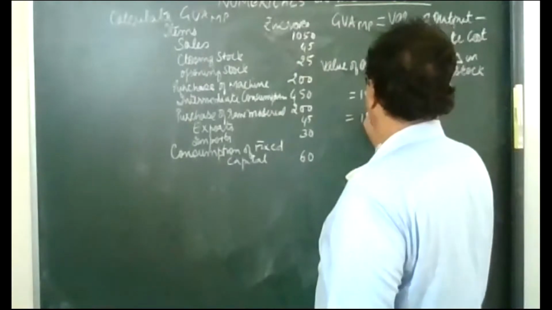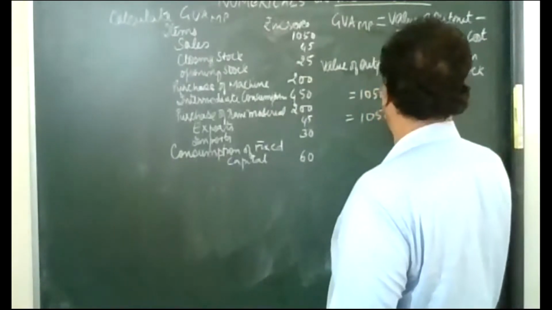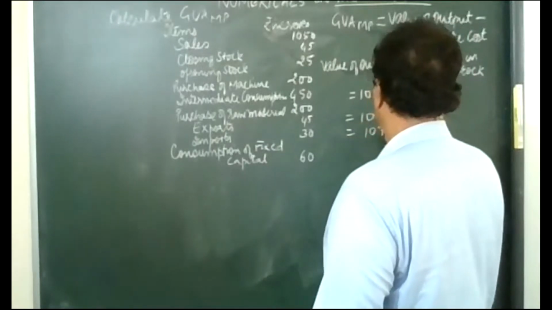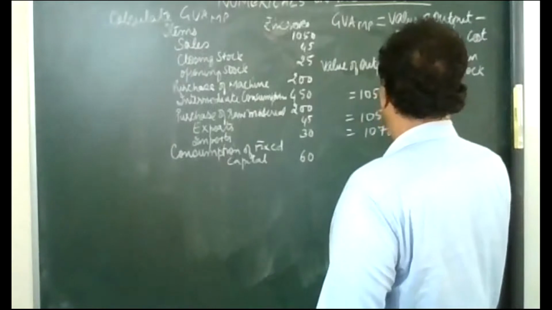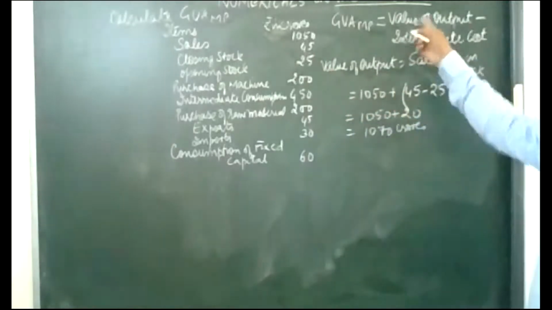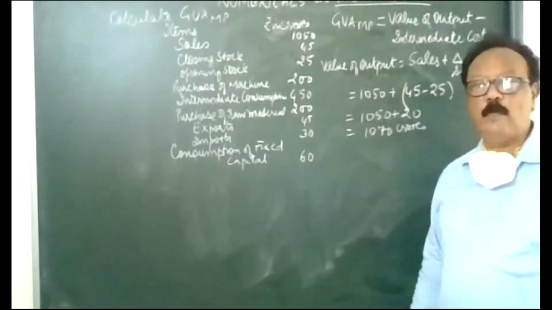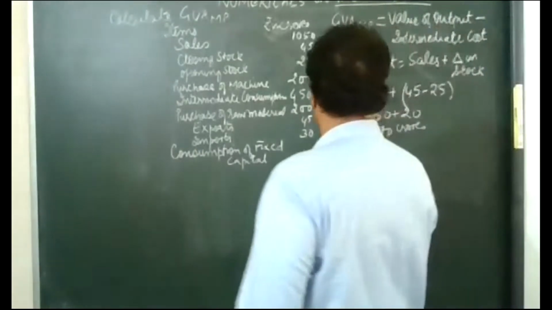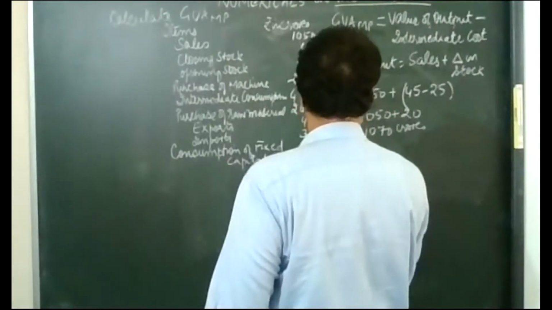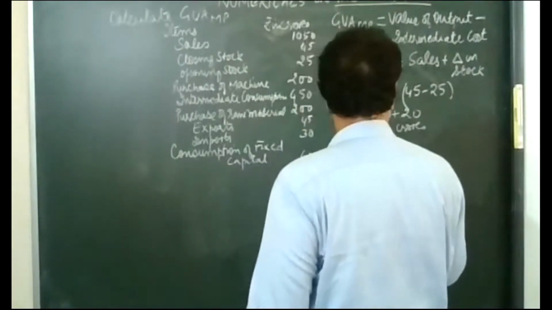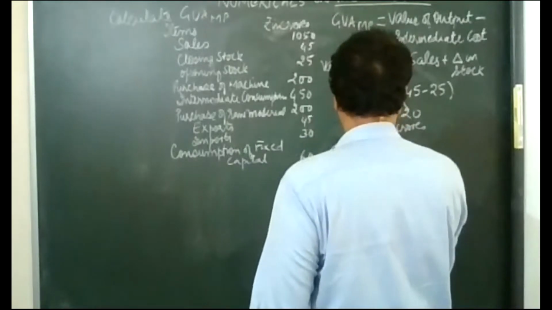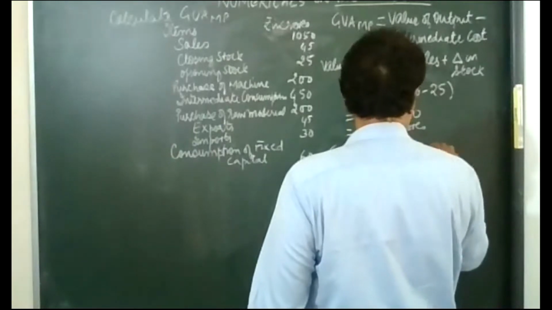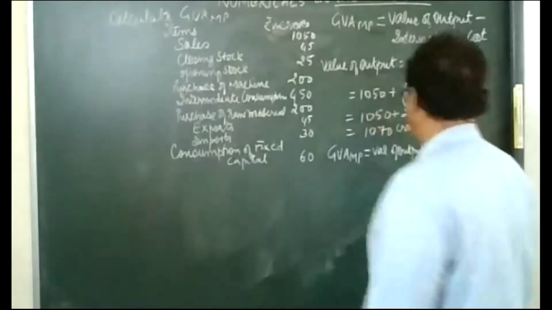That gives you 1050 plus 20, which gives you 1070 crores. This is the value of output. Now we substitute this value over here. Gross value added at market price is equal to value of output minus intermediate cost.